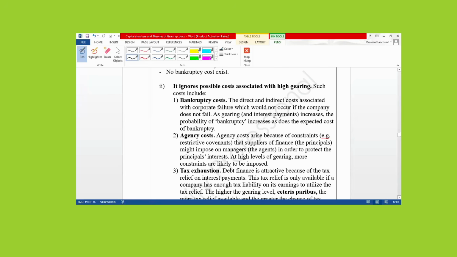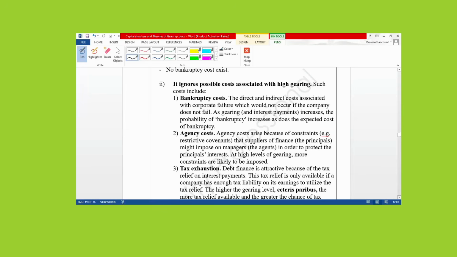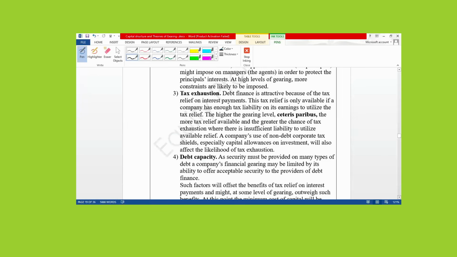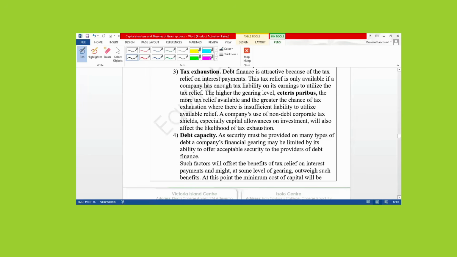You can exhaust your relief. Debt capacity.